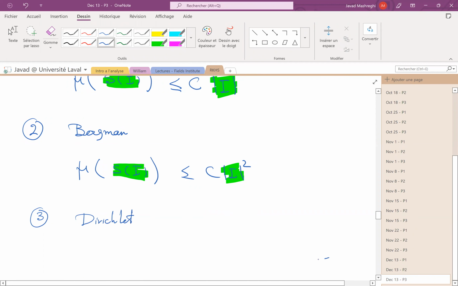First difference is that you have to consider a finite number of windows. I mean, not just one. Say one here, and so on.